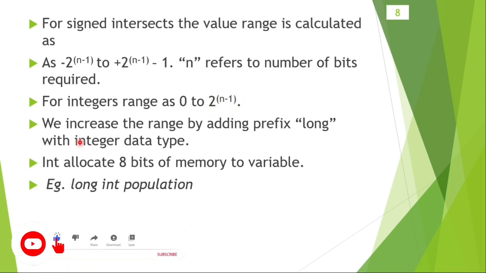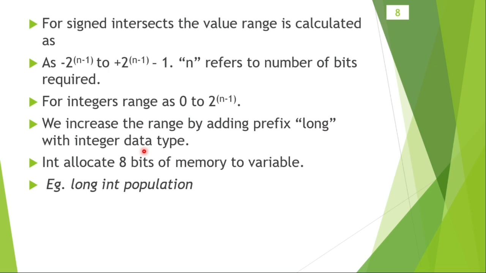We can increase the range by adding the prefix long to the integer data type. If we want to store long integers, of about 7 to 8 digits, C does not support it in 32 bits. So we prefix the word long before integer. How can we use it?